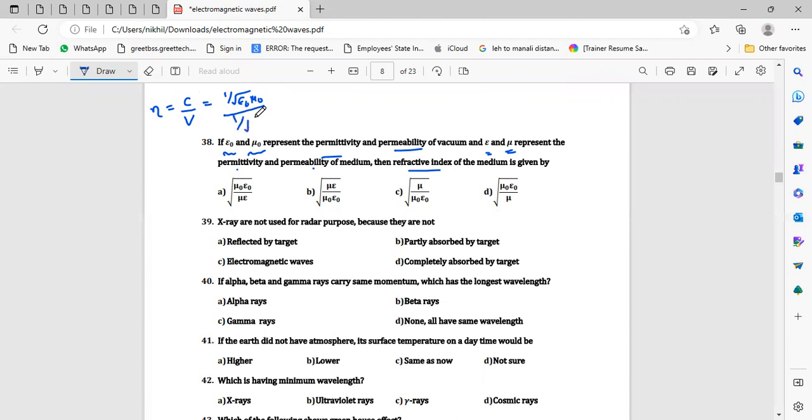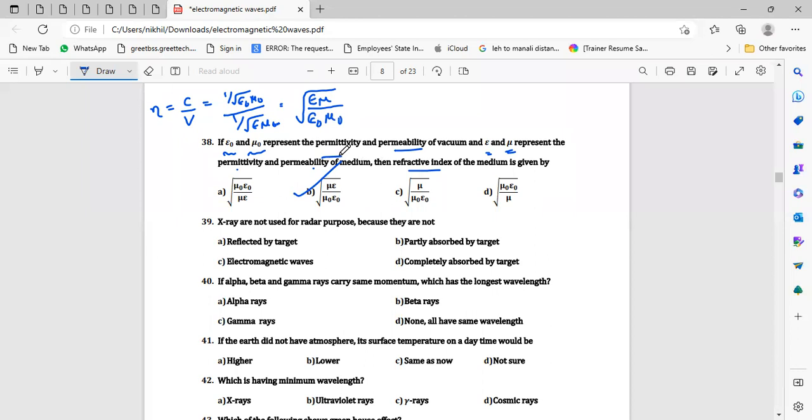V is 1 divided by root epsilon into mu. This can also be taken as root of epsilon into mu divided by epsilon naught into mu naught. So the refractive index is given by the formula n is equal to root of epsilon mu divided by epsilon naught into mu naught. So you can take up option B, which is the right answer.